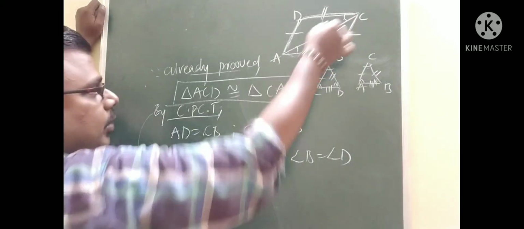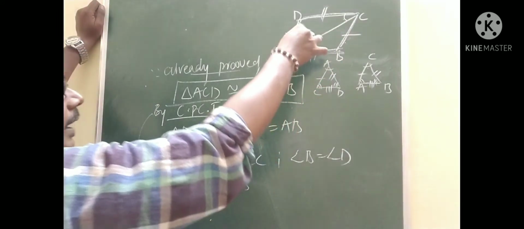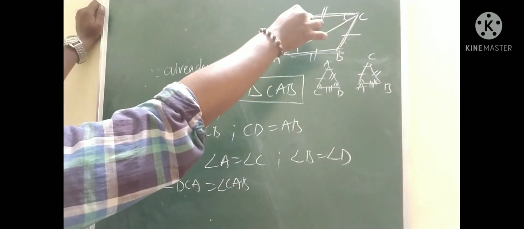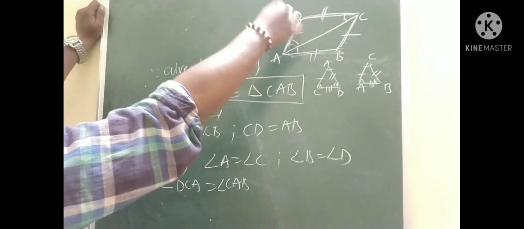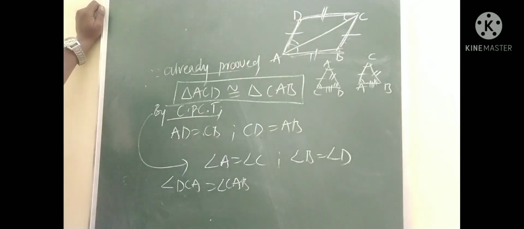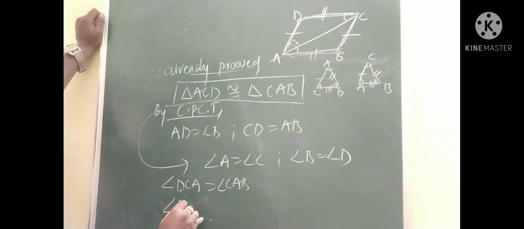This angle is equal to this angle, and now this angle, which means angle CAD or DAC, is equal to BCA. Okay, so angle BCA is equal to angle DAC.